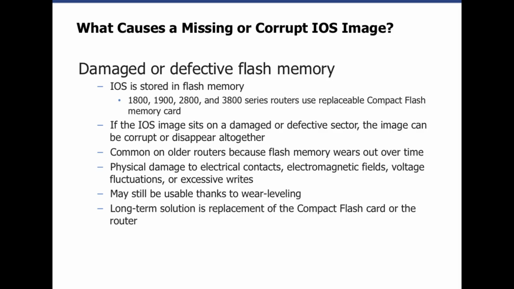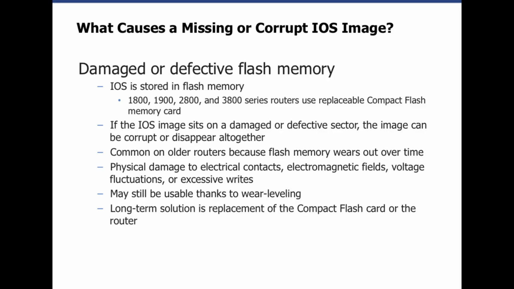Now, if the IOS image is sitting on a damaged or defective sector on flash memory, the image can become corrupt or disappear altogether. And this is actually very common, especially on older routers, because flash memory simply wears out over time. But it's also possible that the memory has sustained some sort of physical damage. Perhaps the electrical contacts on the card reader have gone bad, or they've become dirty.